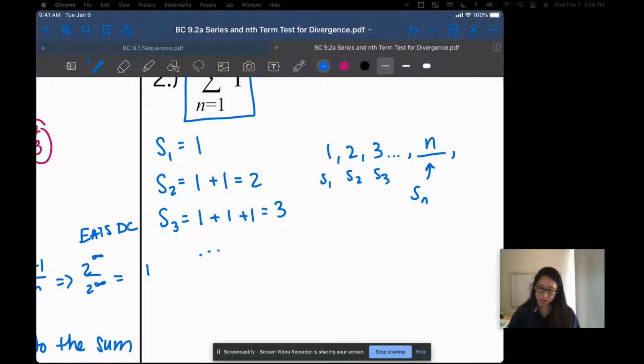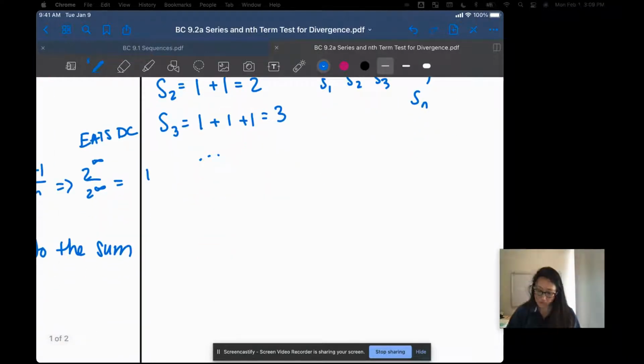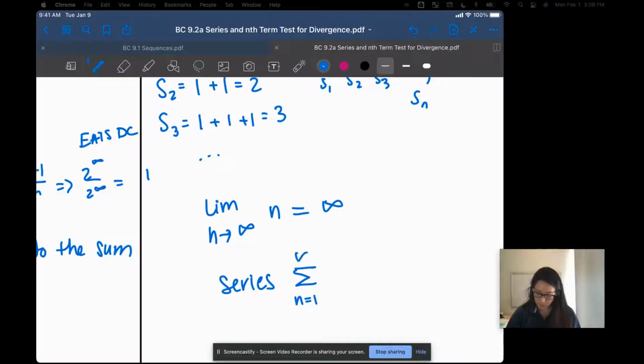So we're going to figure out if we converge or diverge: we do the limit as n approaches infinity of n, because we're taking the limit of the nth term of the sequence. So n is going to approach infinity, so the series, the sum from n equals 1 to infinity of 1, diverges because it goes to infinity.